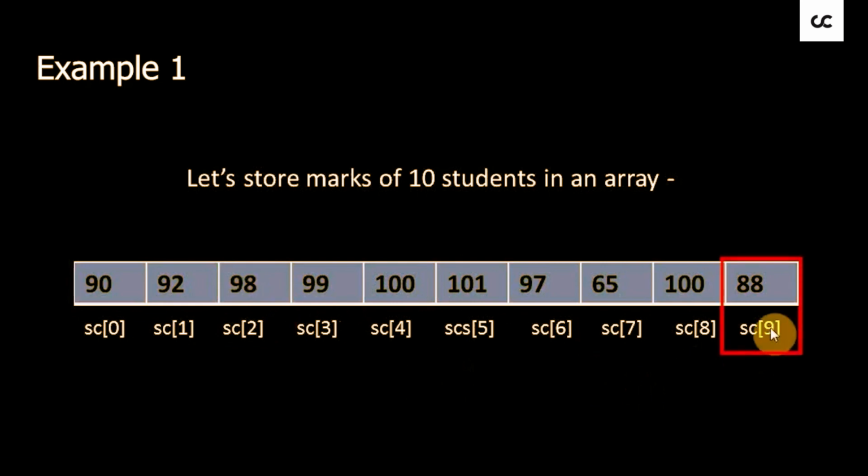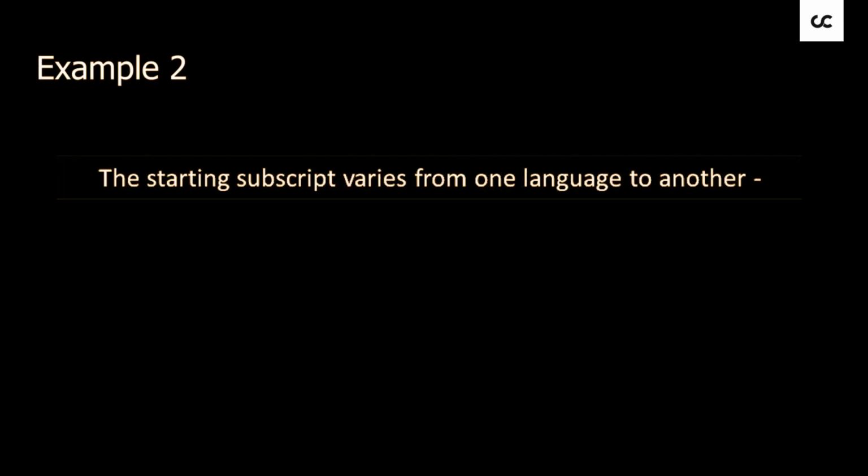Hence SC9 happens to be the score of the 10th student. SC square bracket 9, what is it? Array element. And 88 is the value of this array element SC9. In this example, it denotes the score of the 10th student. All these elements are stored in contiguous memory locations.